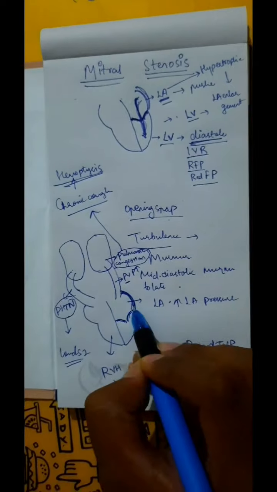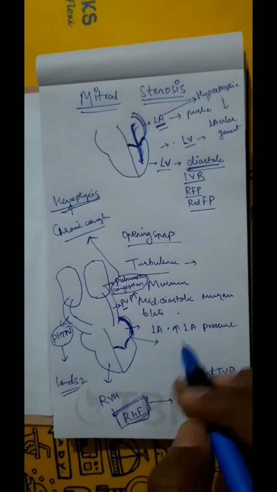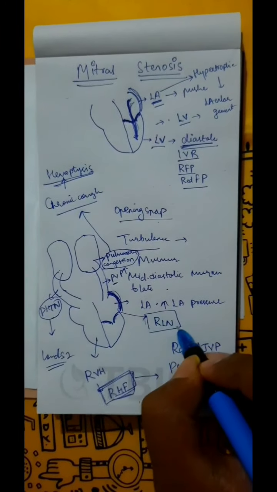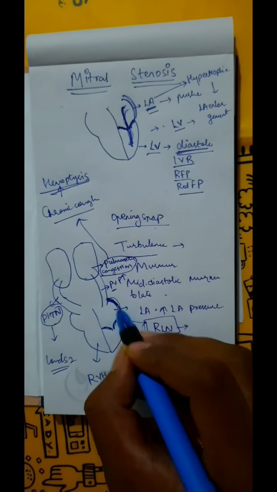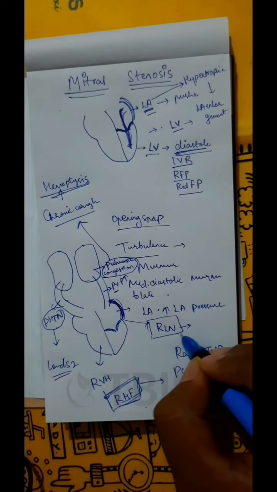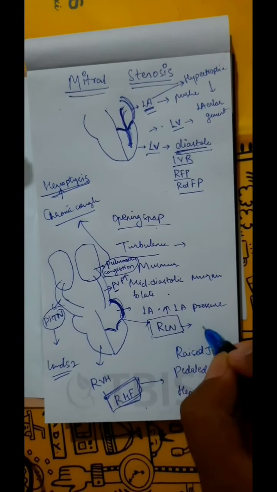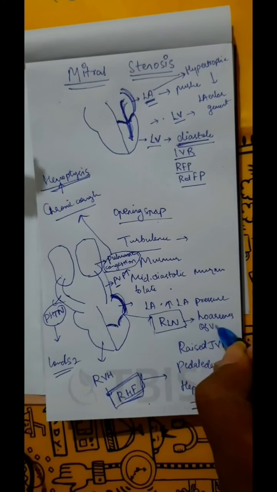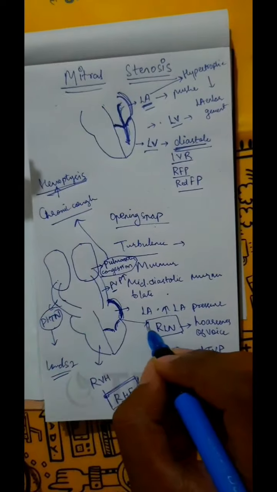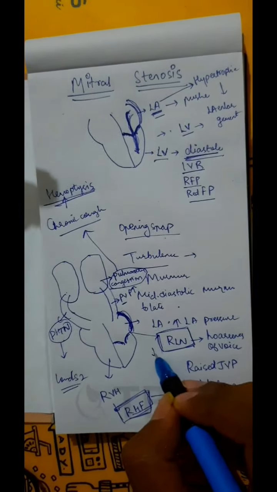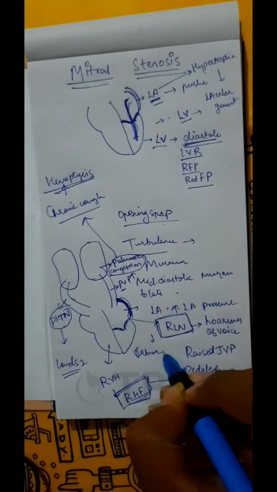The left atrial enlargement will compress the recurrent laryngeal nerve, which will give rise to hoarseness of voice. This hoarseness of voice, due to compression of the recurrent laryngeal nerve by left atrial enlargement, is called Ortner syndrome.